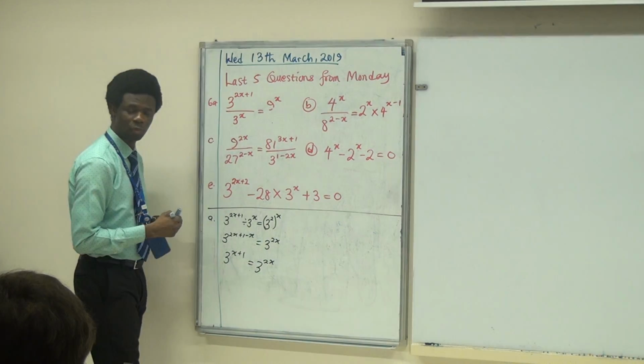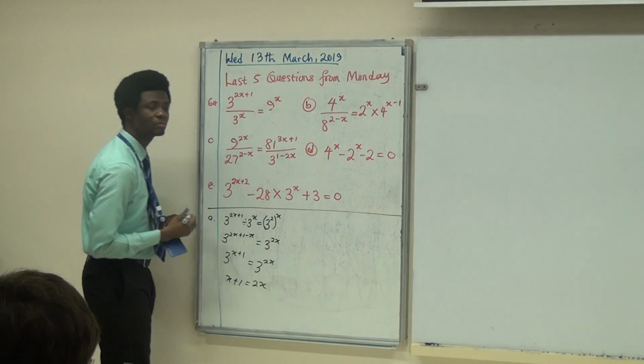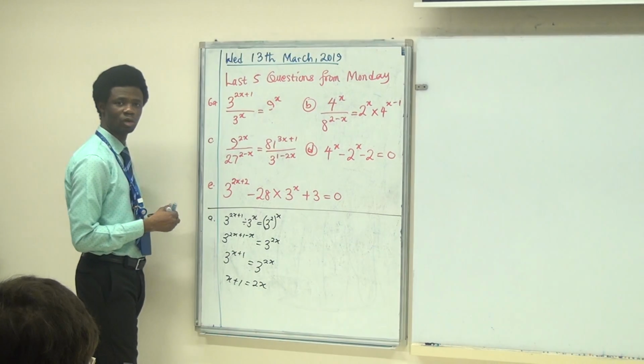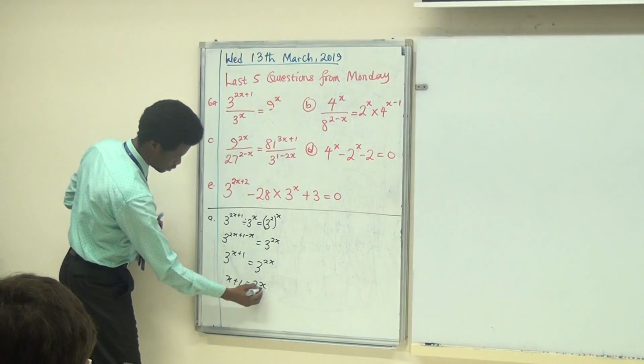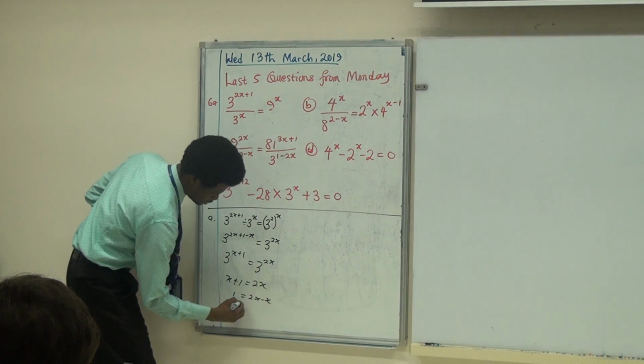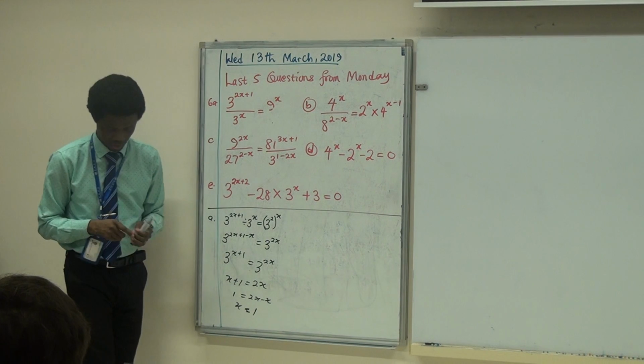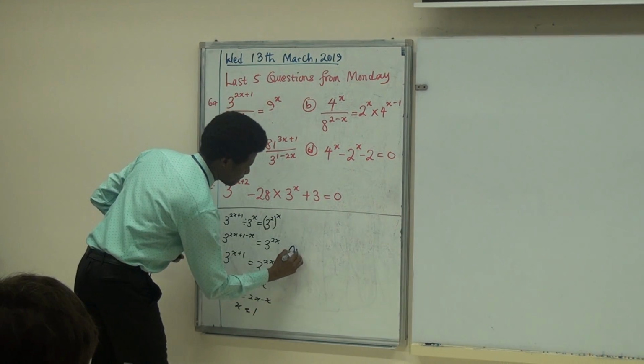Okay? And when we compare the powers, we get the simple linear equation. Right? And x will be equal to 1. Yeah. So if I take this away, I get 1 equals 2x minus x. So eventually x is equal to 1. So what Joey was talking about is we could cross multiply.